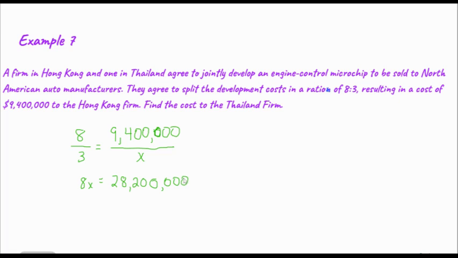And then we're going to divide by 8. Go ahead and do that. Divide by 8. So Thailand will make $3,525,000.